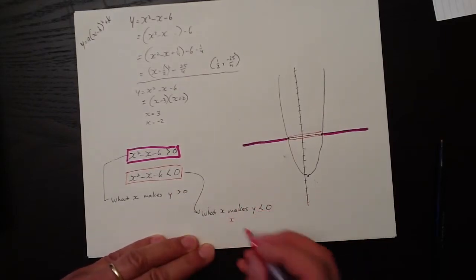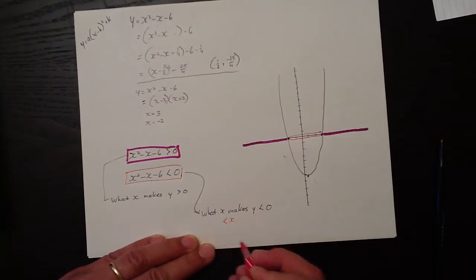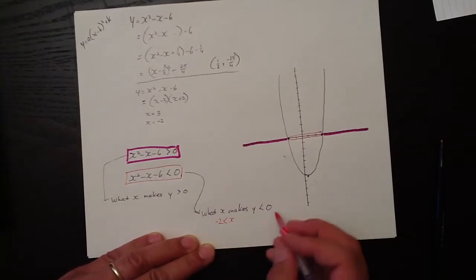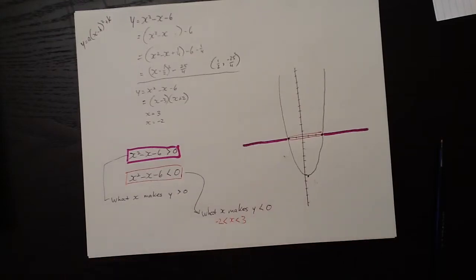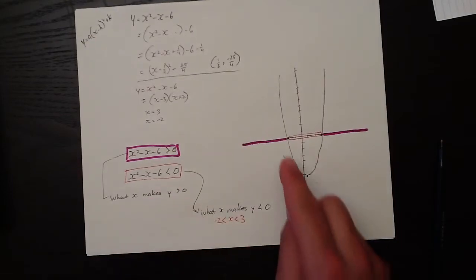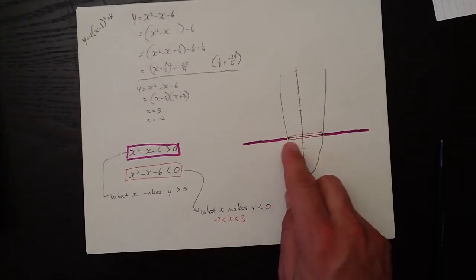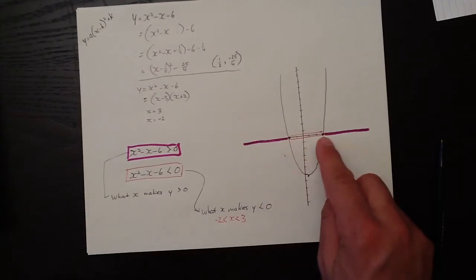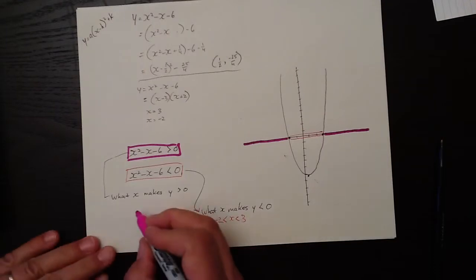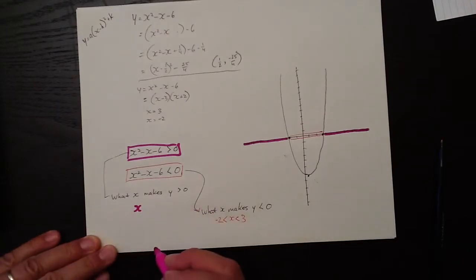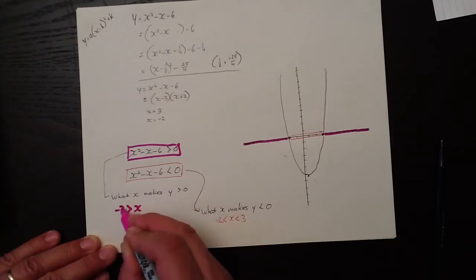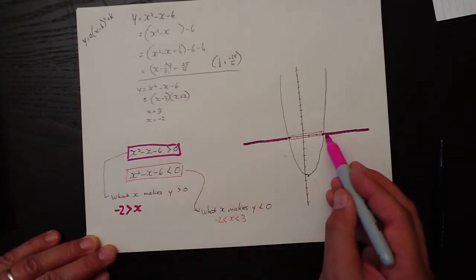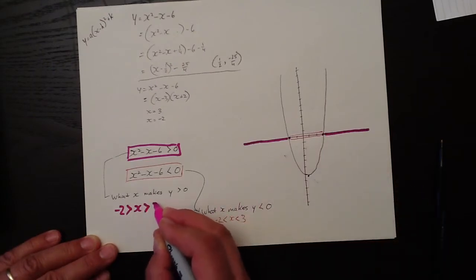So x has to be greater than -2 and it has to be less than 3. And for this one, x has to be less than -2 or greater than 3.